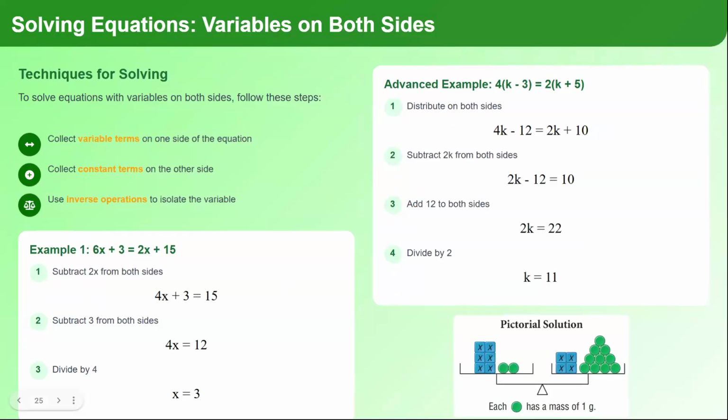I'm gonna do a whiteboard again. Okay, you guys can see the whiteboard, right? Okay. So, can you guys solve the equation 2x plus 5 is equal to 20?